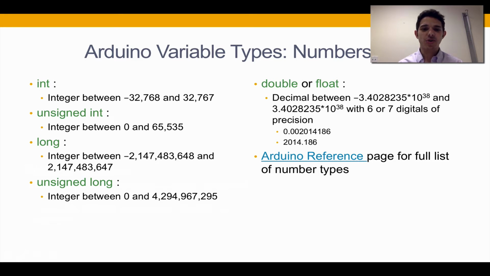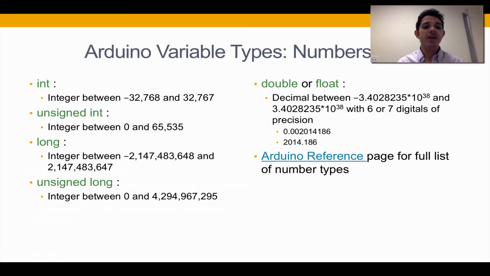Now, if you're interested in storing numerical values that are larger than that, you can define what's known as a long integer. That's a number that's between roughly minus 2 million to positive 2 million. Similarly, there's an unsigned long integer, which is an integer between 0 and about 4.3 million, as shown here on the slide.